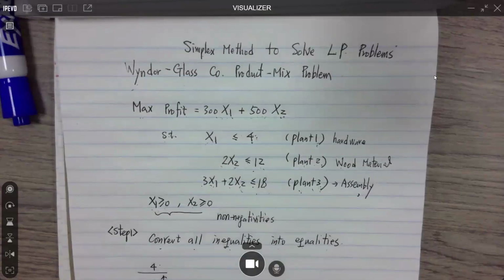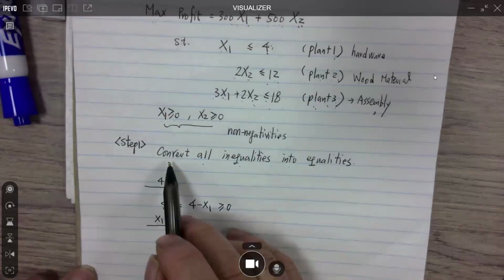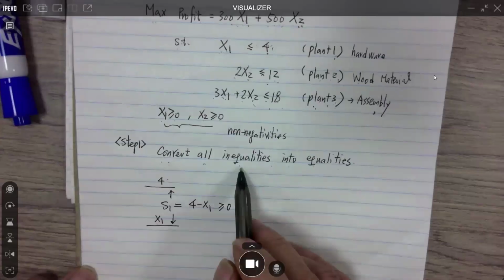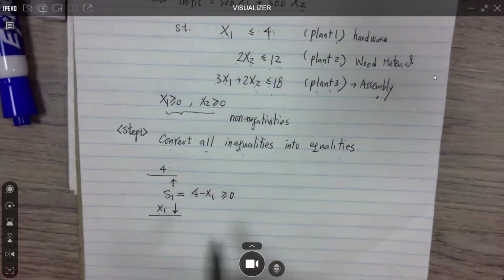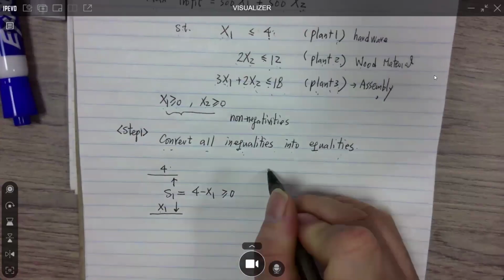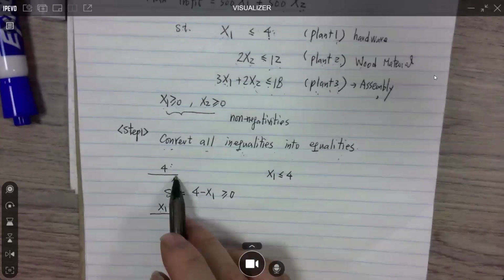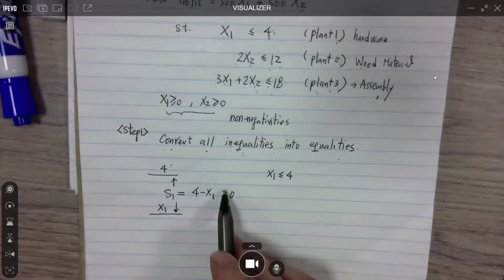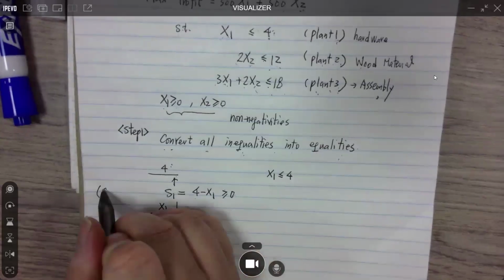And then let's look at step 1. We need to convert all inequalities into what? Equalities. We know x1 is less than or equal to 4. So 4 is bigger than x1. The difference is 4 minus x1, of course greater than or equal to 0. We call this S1. S1 is slack variable 1.